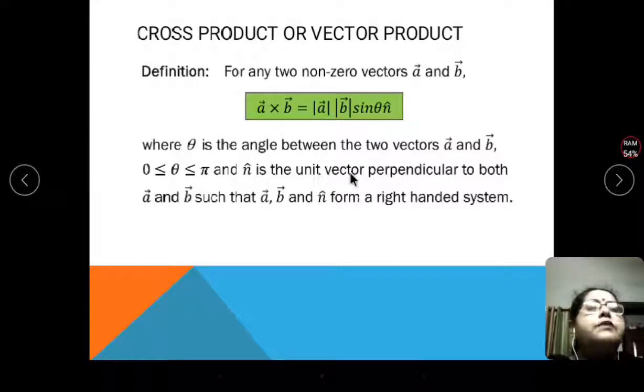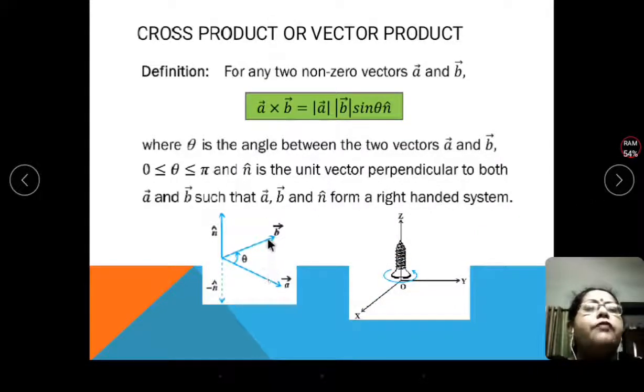This n cap is the unit vector perpendicular to both A and B, such that A, B and n form a right-handed system. So what we mean by that actually, so if we have two vectors A and B, where the angle between them is theta in the anticlockwise direction, and n, as we have mentioned here, is a vector perpendicular to both A and B, or we can say that it is perpendicular to the plane containing A and B, but the direction should be such that A, B and n form a right-handed system.